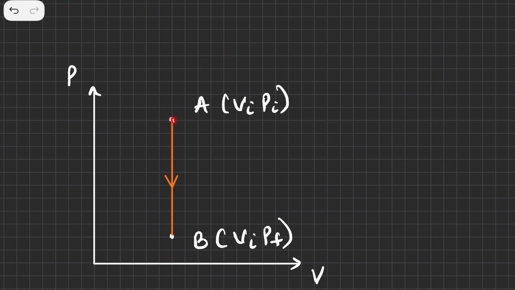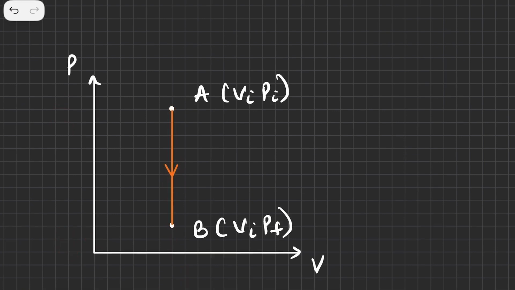So something is going from the initial to the final state without changing volume. So the volume is not changing irrespective of what the pressure is. The pressure is going from initial to final, but the volume remains whatever it is. So this is the PV diagram for an isochoric process.